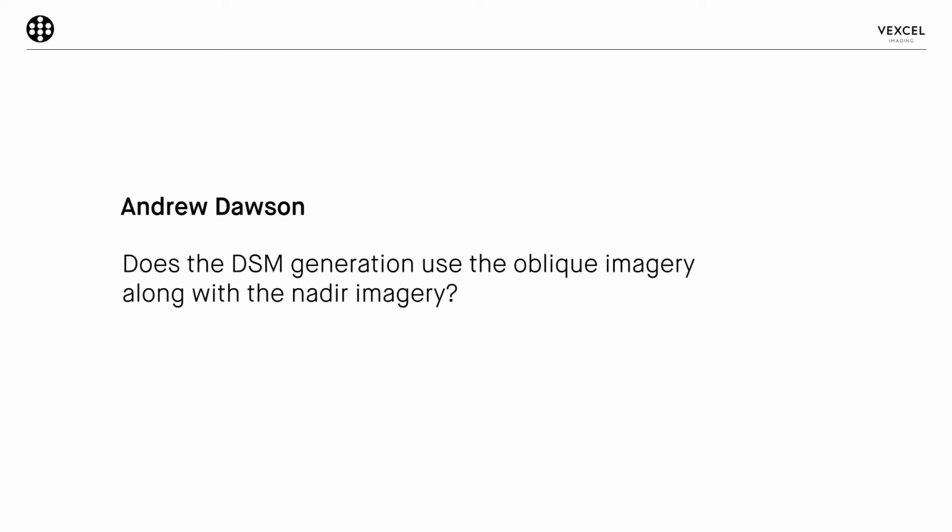For the DSM, as it is a 2.5D data set, there are no details about facades and such included. Therefore, nadir imagery is fine. In contrast, when going to the 3D world, when the 3D mesh is the desired output, then of course we are using the oblique images along with the nadir images to get the best possible details and the best possible reconstruction quality.